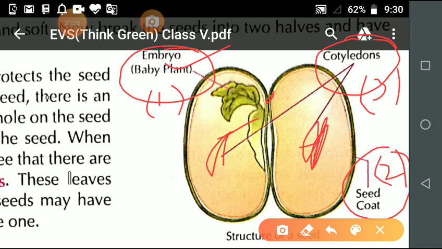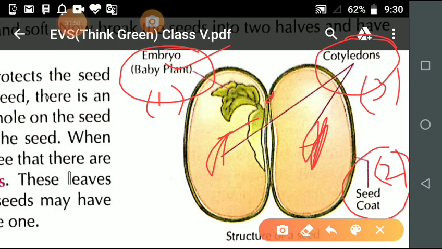So it is the stored food for the growth of the embryo. If you see the gram, अगर आप ग्राम देखते हो, चना देखते हो, उसे वाटर में आप for some time or 1 day 2 day you leave that gram seed in the water, you will see some small things coming from the seed. So that is what, वो embryo है.